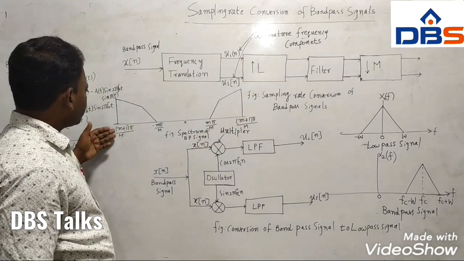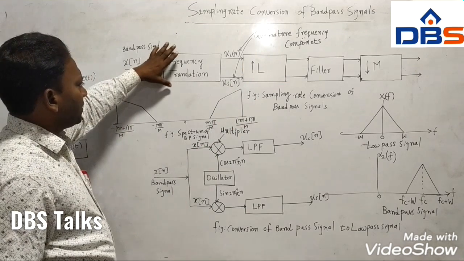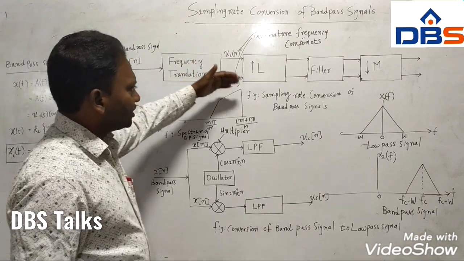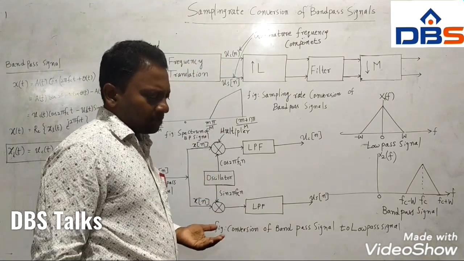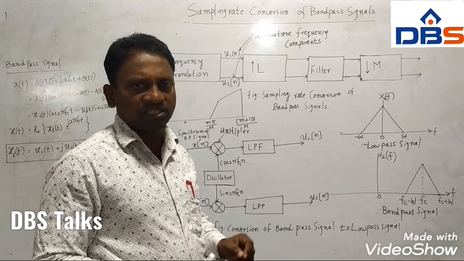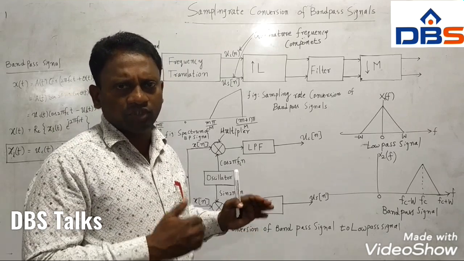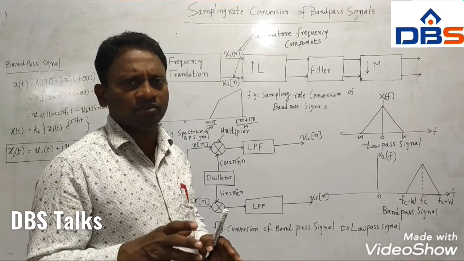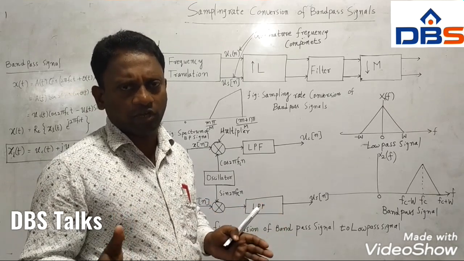Whenever you have a band pass signal spectrum like this and it is upsampled, zeros are introduced, or multiple copies of the spectral components are introduced between the two adjacent spectral components.